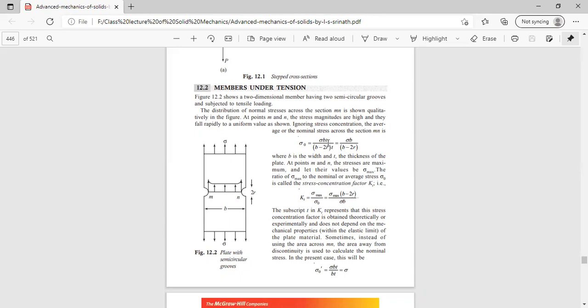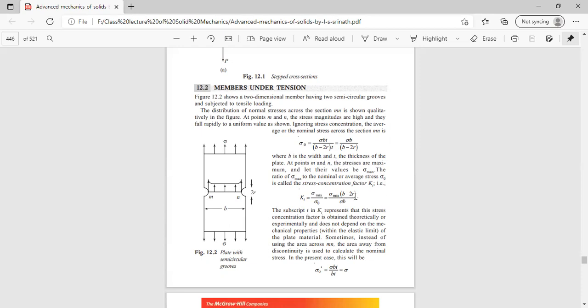So sigma B into T is the total load on the member, and it is divided by the cross-section area where it is reduced, which is given as the width B minus 2 into R, where R is the radius of each discontinuity. So we have to consider the discontinuity on both sides. So it is B minus 2R multiplied by T itself, which gives sigma B divided by B minus 2R.